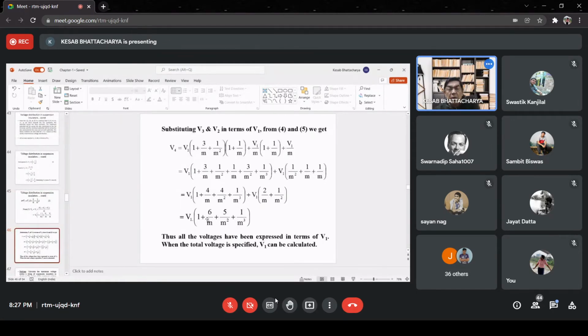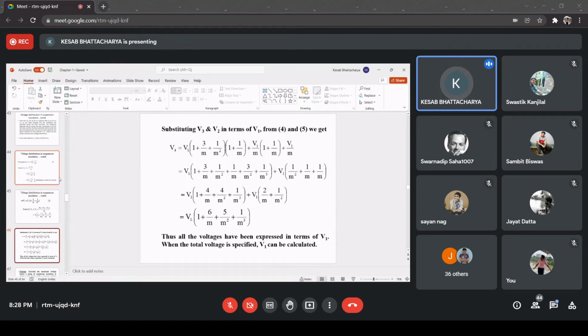V1 into 1 plus 6 by m plus 5 by m square plus 1 by m cube. So thus we could express all the voltages V2, V3, V4, etc. in terms of V1. Similarly, had there been more discs connected in any string of suspension insulators, those voltages appearing across the different discs can be expressed in terms of the voltage V1.